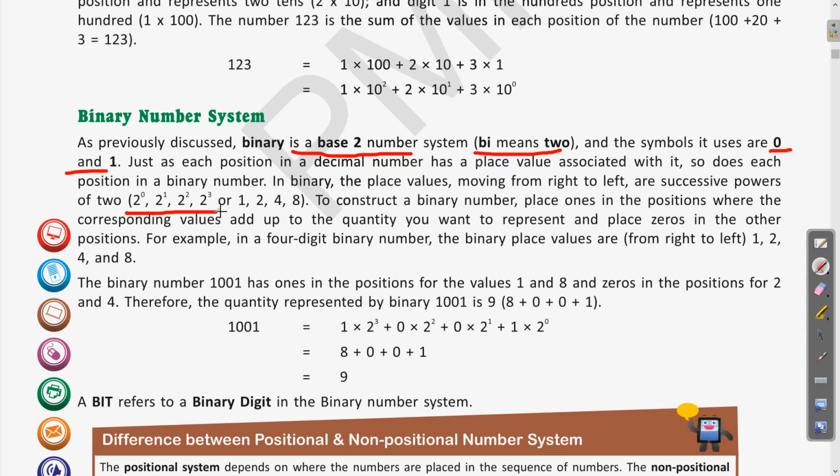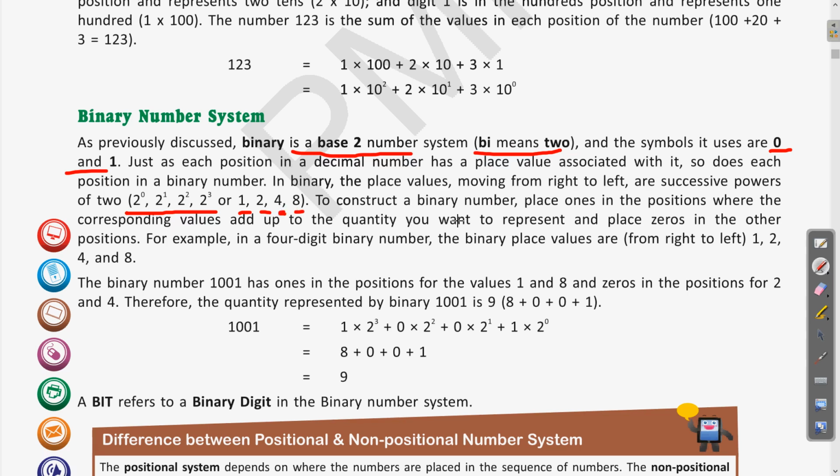So here the values are going to increase using the base that is 2, and with the increasing power, that is 2 raised to the power 0, 2 raised to the power 1, and what will be the values? 2 raised to the power 0 is 1, then 2 raised to the power 1 is 2, 2 raised to the power 2 is 4, 2 raised to the power 3 is 8. Easily we can see.